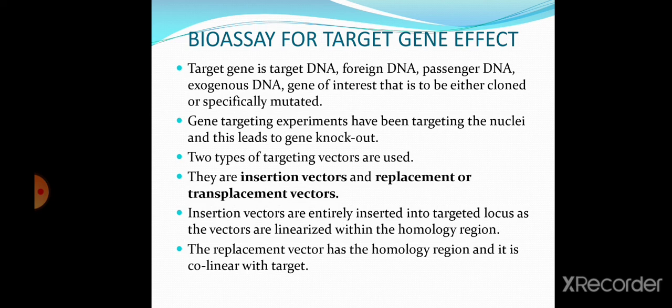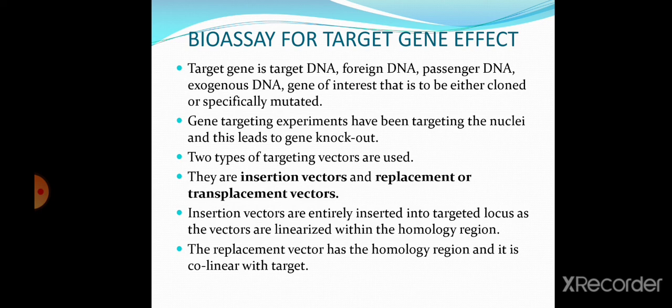Gene targeting experiments have been targeting the nucleus. So, experiments have been conducted in order to send the DNA particularly to the nucleus. This leads to gene knockout. For this purpose, two types of targeting vectors are used. One is the insertion vector, another is the replacement vector. Replacement is otherwise known as transplacement vector.